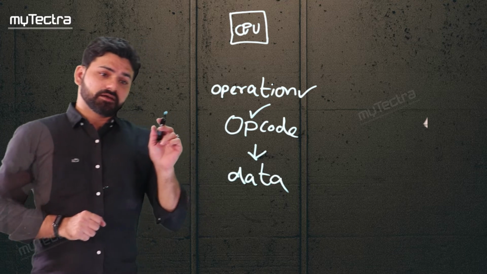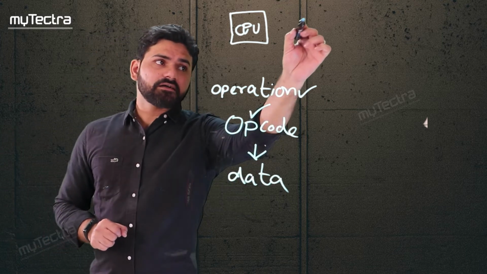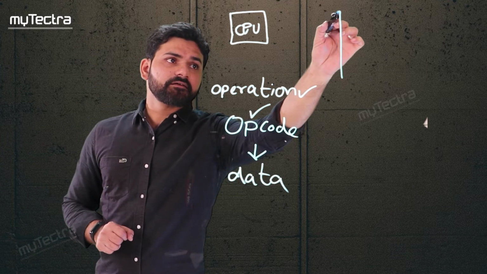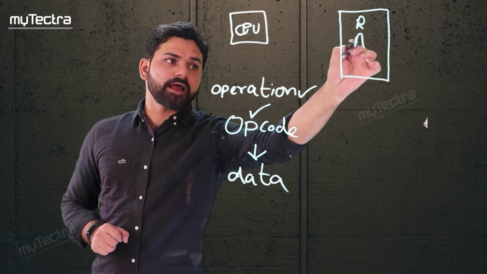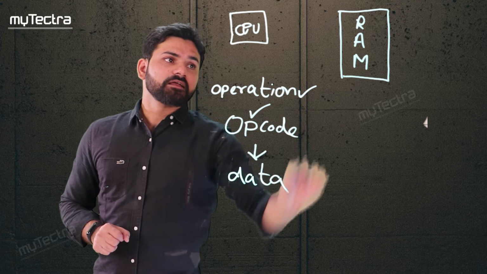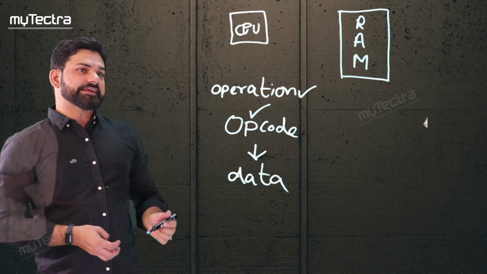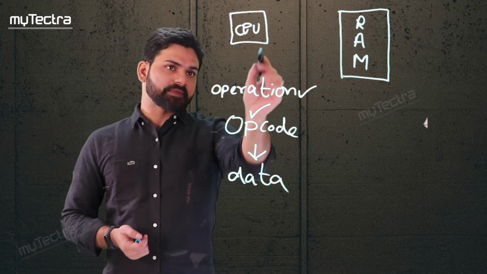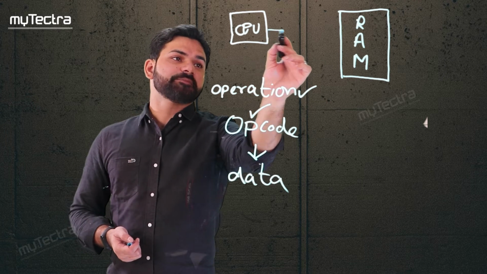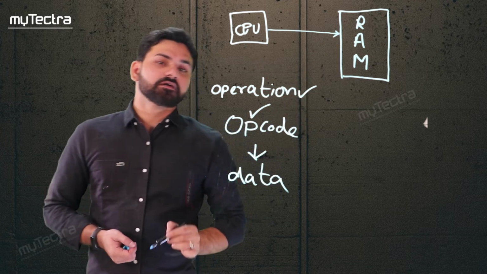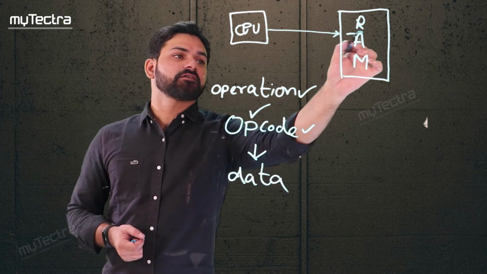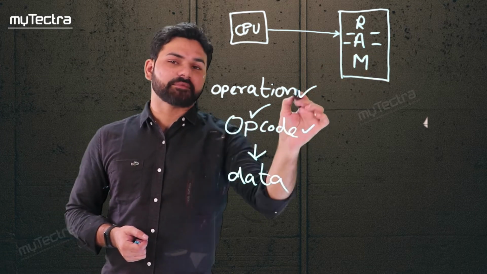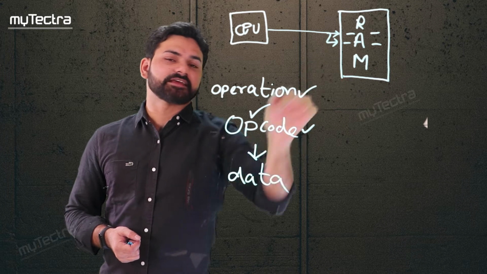Now, adding another component is your RAM. We will not go into much detail, but basically what happens is your CPU picks these instructions and the data from the RAM itself and moves to the next line.